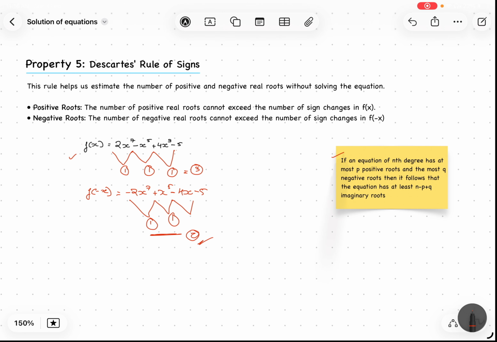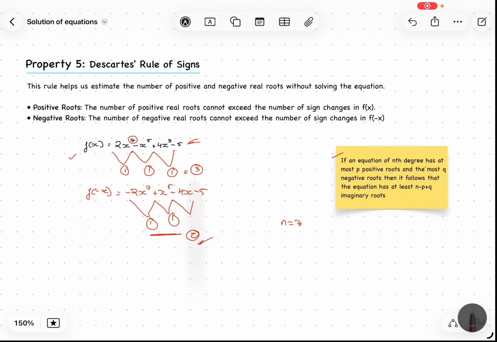Now let's look into this note. It states that if an equation of degree n has at most p positive roots and at most q negative roots, then it follows that the equation has at least n minus p plus q imaginary roots. What does this mean? For this equation, the degree is 7, so we have n equals 7.